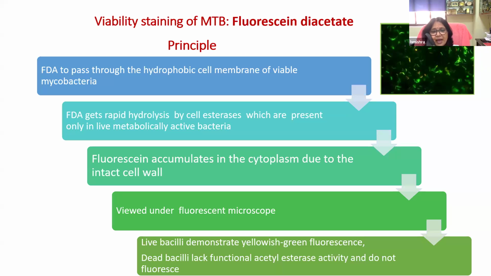So this gets accumulated in the cytoplasm because of the intact cell wall. When viewed under the fluorescent microscope, the live bacilli, as you can see in the picture, appear as yellowish green fluorescence, and the dead bacilli lack functional acetyl esterase activity, do not fluoresce, and appear red.